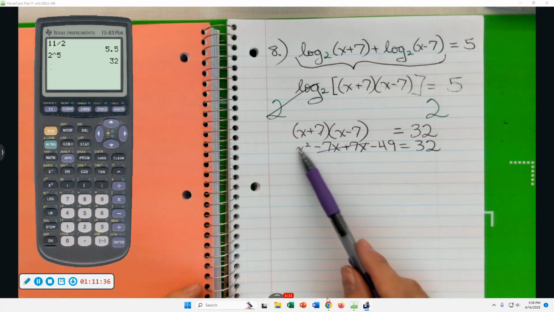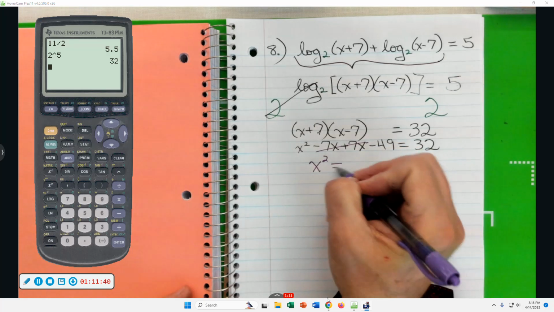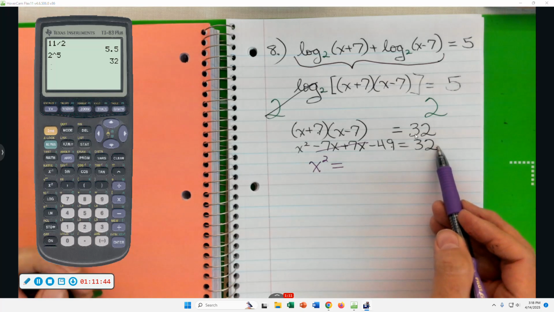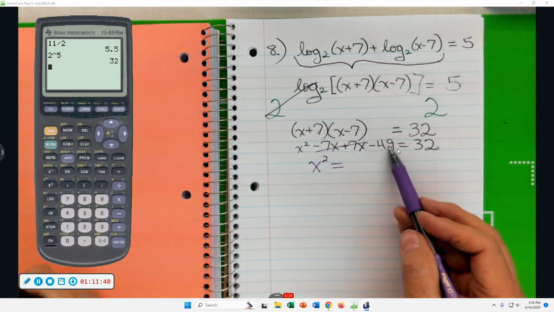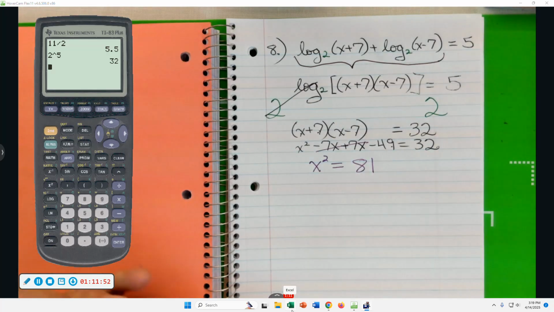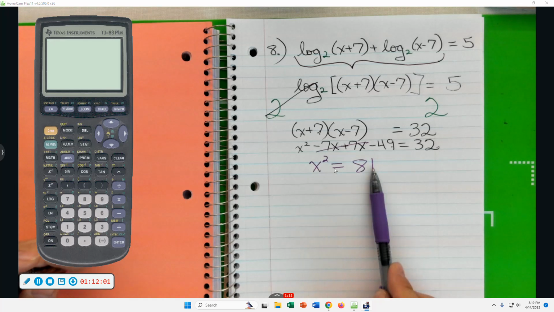So I have an x squared on the left. What am I going to have to do with this minus 49 to combine it with the 32? Add it. 32 plus 49 is giving me an 81. And when you use the square root method, you can only use it if you have something squared equals a number.